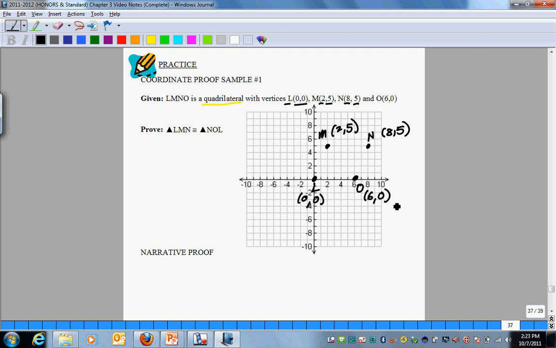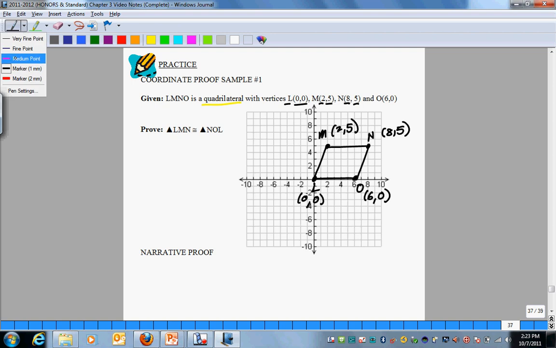So it's a quadrilateral, which means it's a four-sided figure. And let's see what we're trying to prove here.